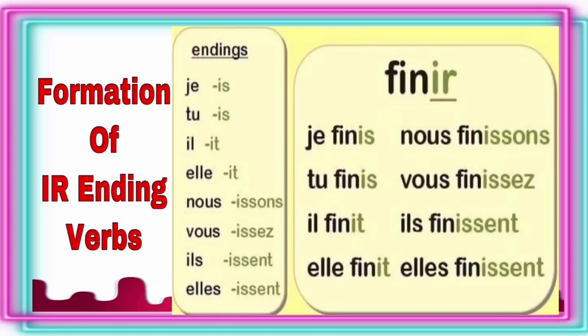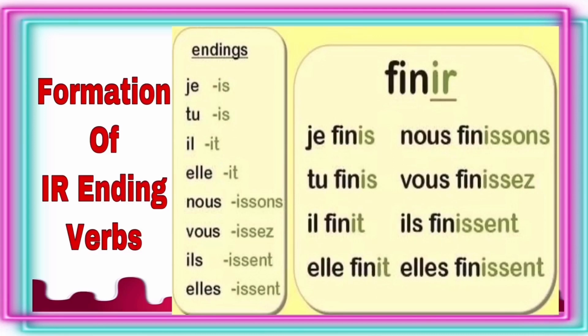So let's revise the endings first. With je and tu you have to add is. With il and elle you will add it. Then issons with nous, issez with vous. And with ils and elles we will be adding issent.